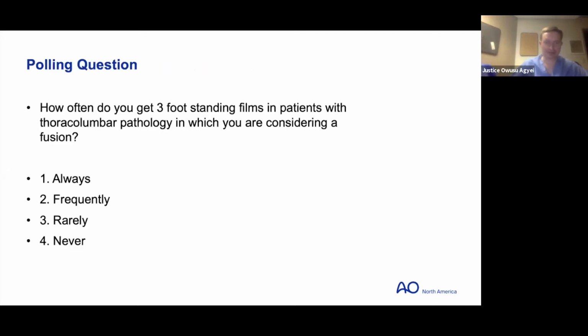We have our first polling question here. So how often do you get 3-foot standing films in patients with thoracolumbar pathology in which you are considering a fusion? You should poll. Oh, there you go.